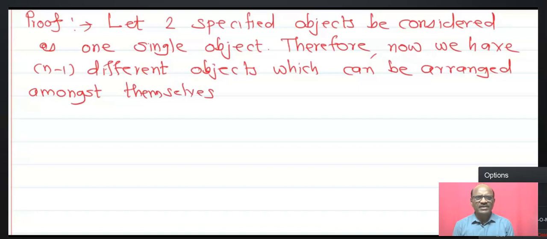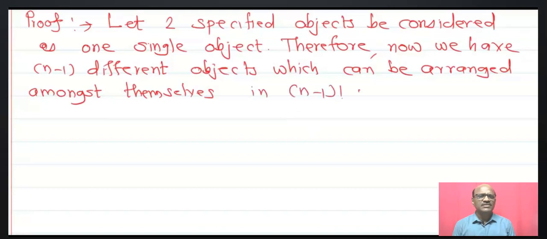In the same way, two specified objects are considered as a single object. Therefore, we now have n minus 1 different objects which can be arranged among themselves in n minus 1 factorial ways.